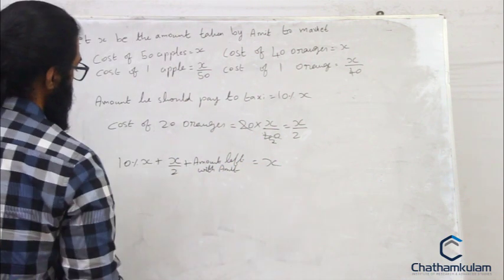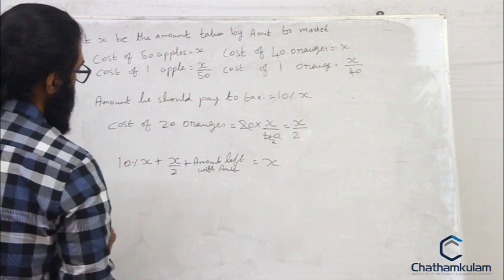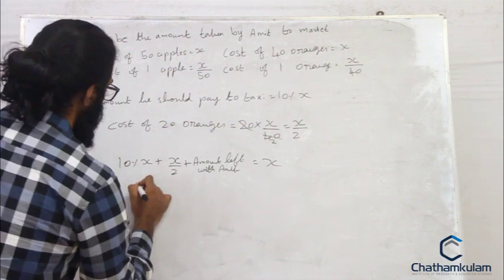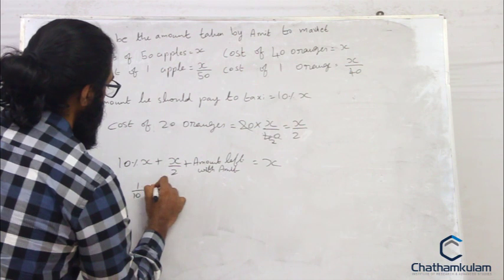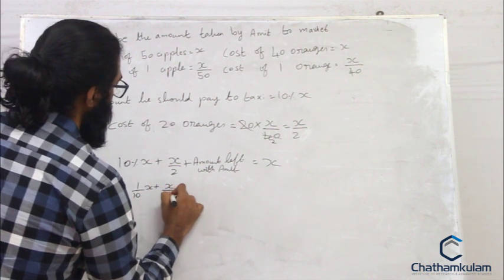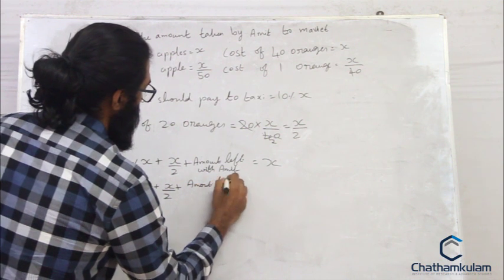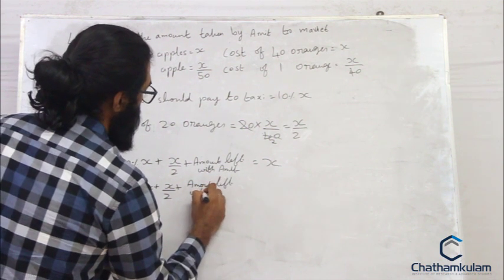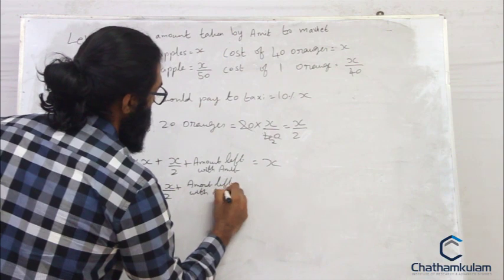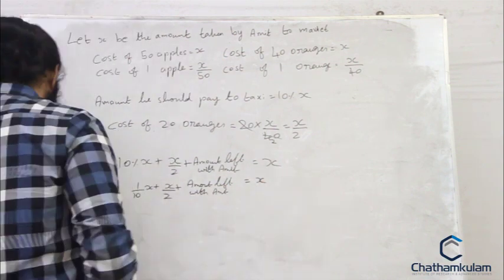So what is 10% of X? It's 10 by 100, that is equal to 1 by 10 X, right? 1 by 10 X plus X by 2 plus the amount left with Amit is equal to X, right?